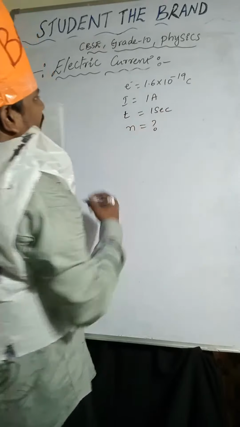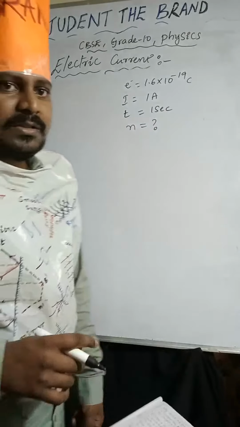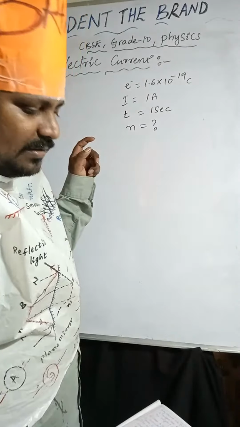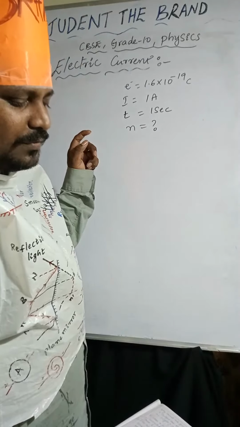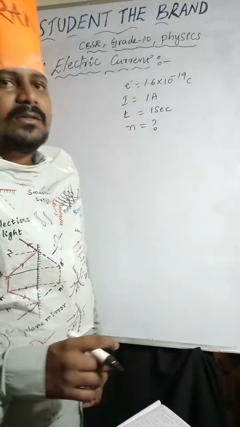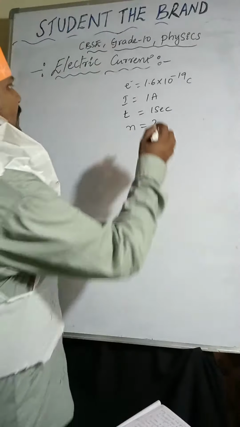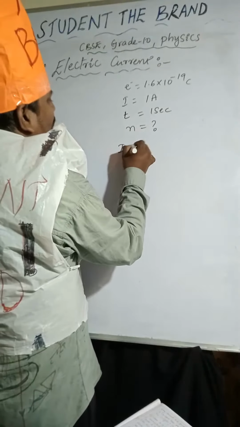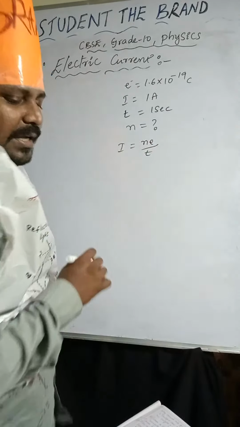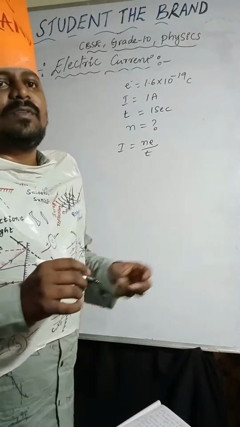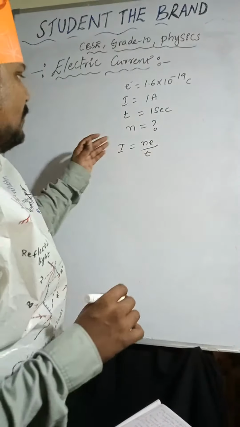How to find it? What formula can we use? These are the values. Here you can observe the formula is I equal to Ne by t, so we can use this formula. By using this formula, you can substitute the values.